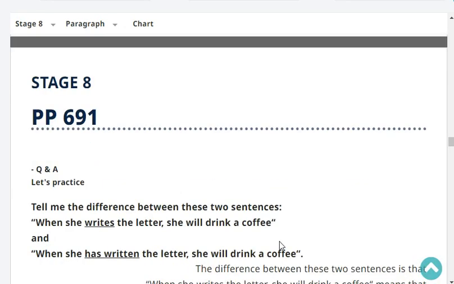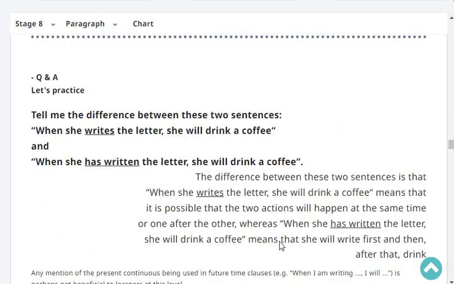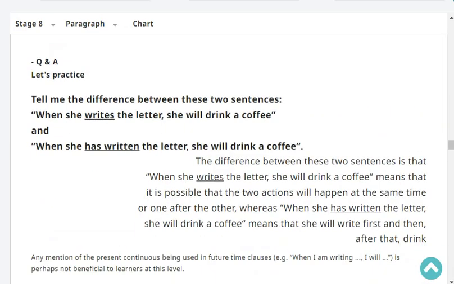Future time clauses. Okay, start at page 691. Tell me the difference between these two sentences. When she writes a letter, she will drink a coffee, and when she has written the letter, she will drink a coffee.